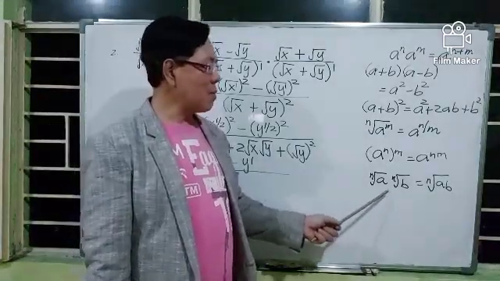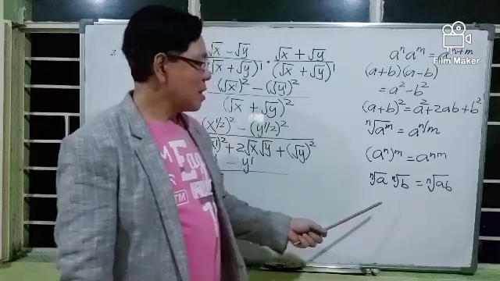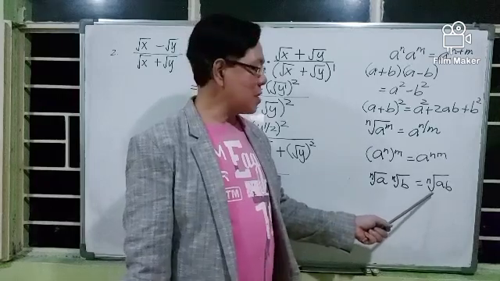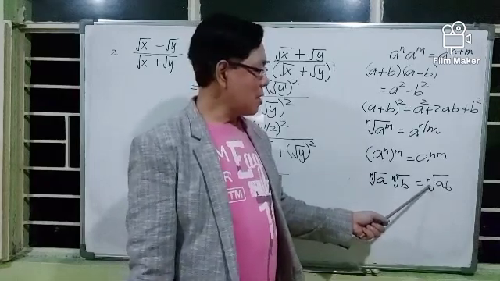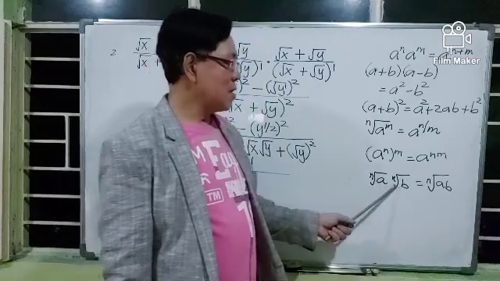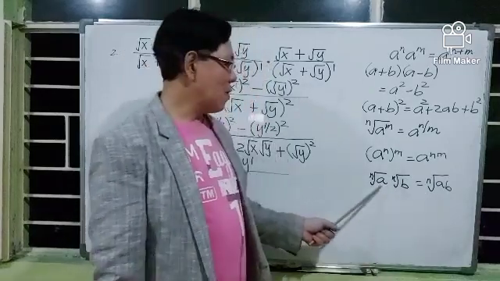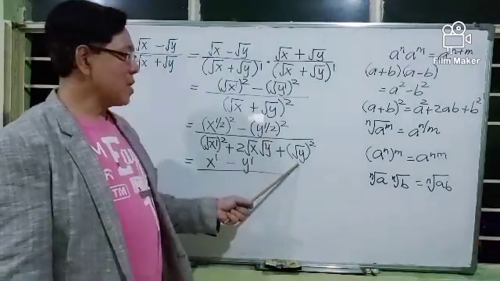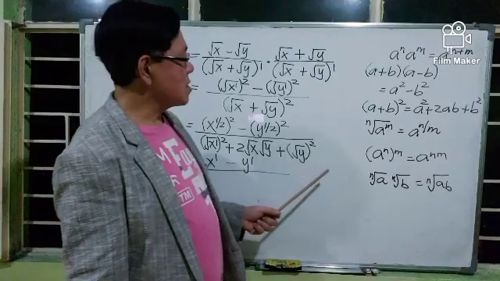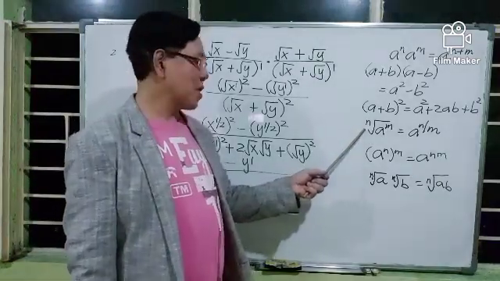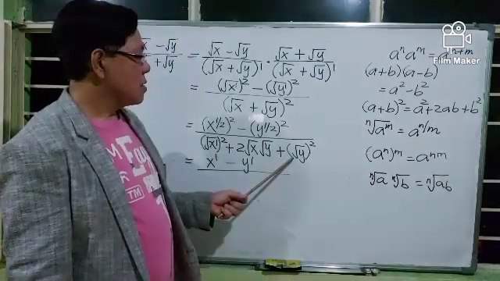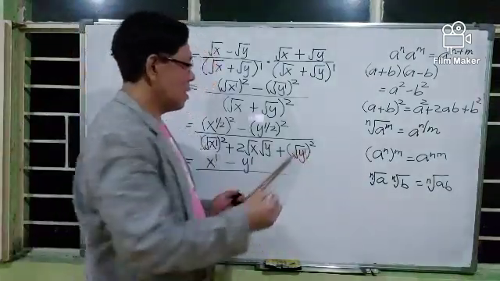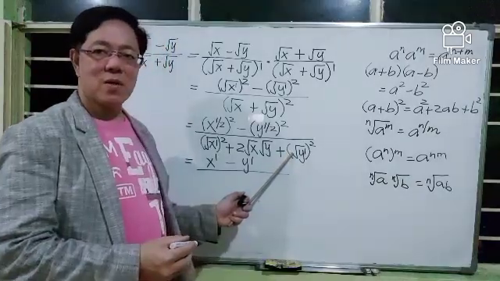The nth root of a multiplied by nth root of b can be written as a single radical expression, an expression with a single radical sign whose index is the common index n, and the radicand is the product of a and b. And for the third term, we apply this property of radical, where the exponent of y is 1 and the index of the square root is 2.